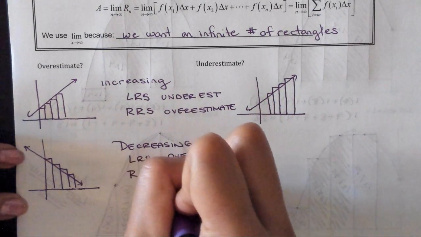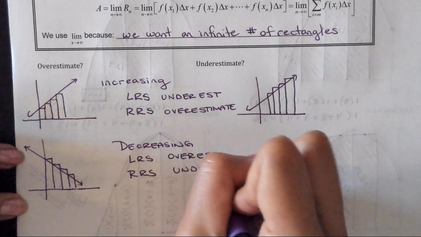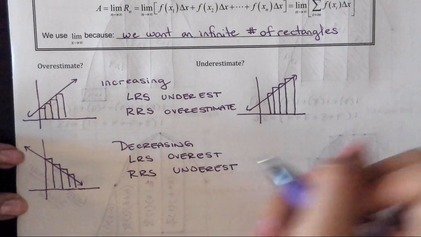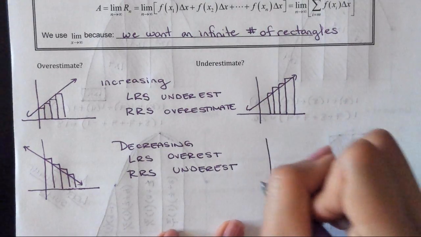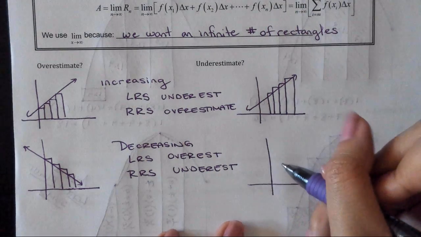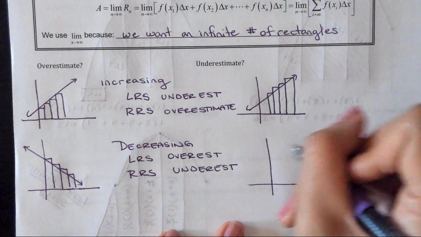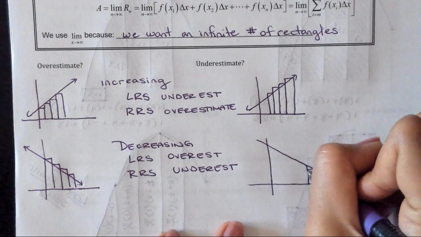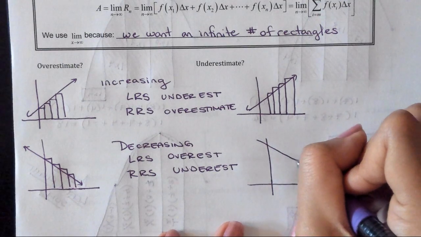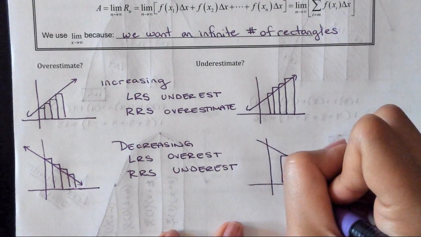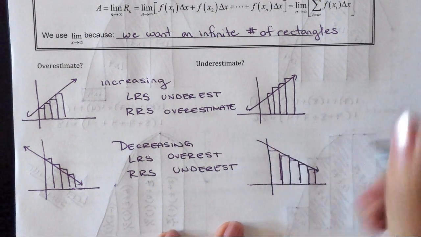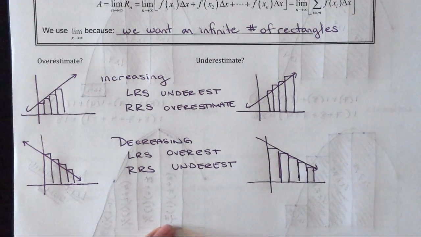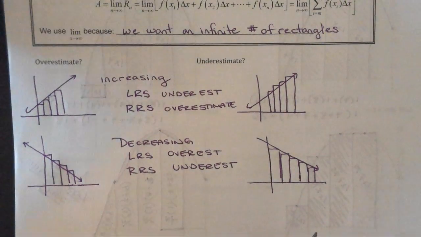And a right Riemann sum will underestimate. Decreasing, a right Riemann sum. You have all this extra area that you didn't accomplish. Okay?